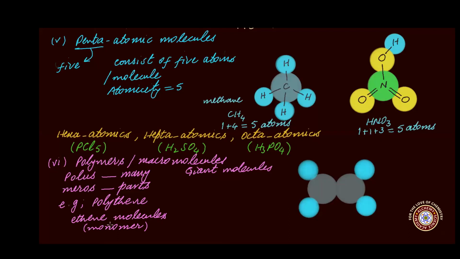Molecular formula of ethene is C2H4. So n number of such molecules, when they are subjected to addition polymerization, link up repeatedly to form a long chain of polythene polymer.